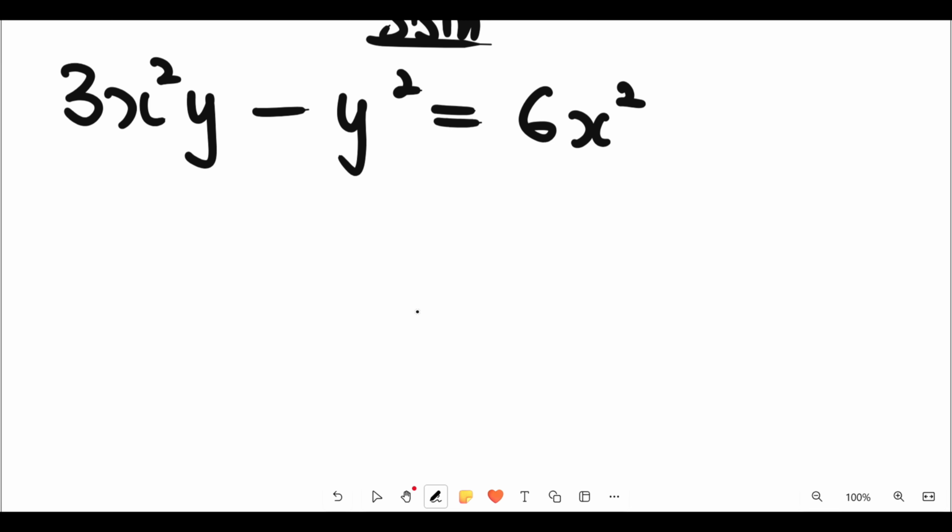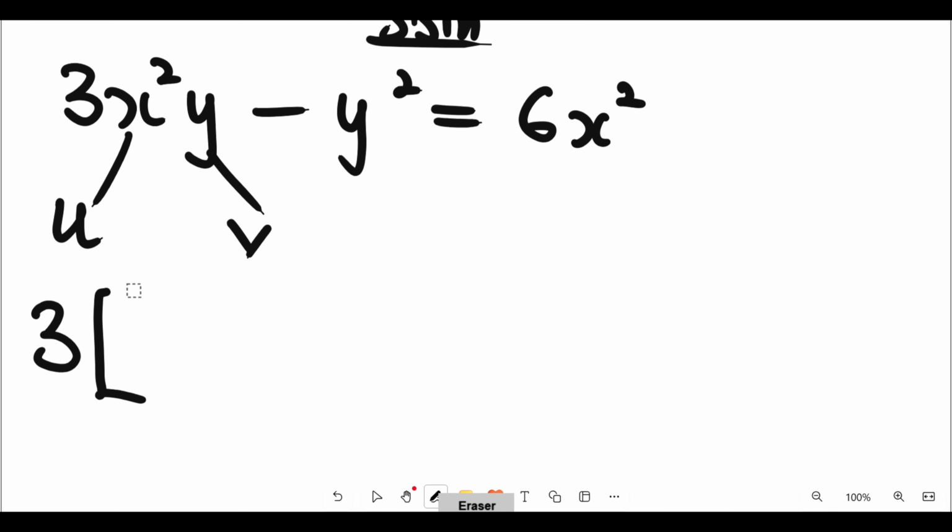All right. Now, when you take the first term, we have two variables multiplying each other. So we can name this one to be your u, and you name the second one to be your v. We need to apply the product rule over here. Since 3 is common, it's going to be 3, then open bracket.